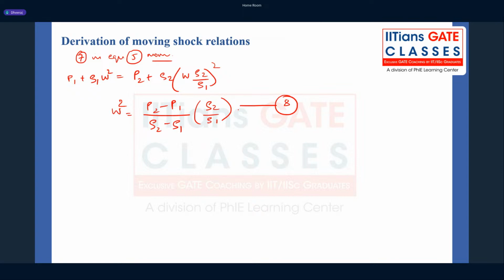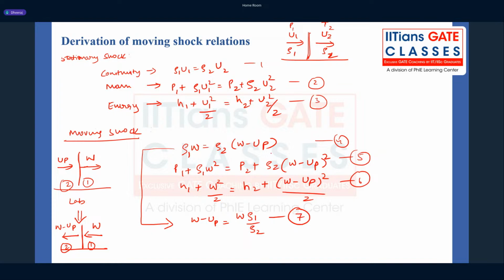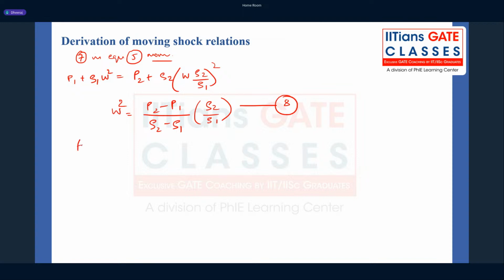And from the same continuity equation, I can write w as rho2 by rho1 into w minus up.